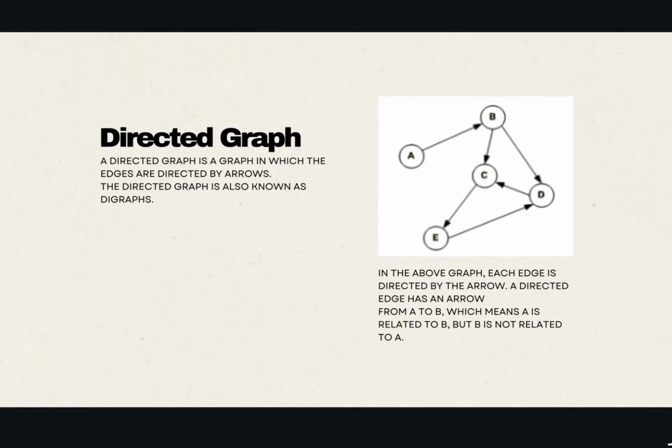A directed graph is a graph in which the edges are directed by arrows. The directed graph is also known as a digraph. As you can see in the picture, that is what a directed graph looks like. It has arrows pointing at nodes.